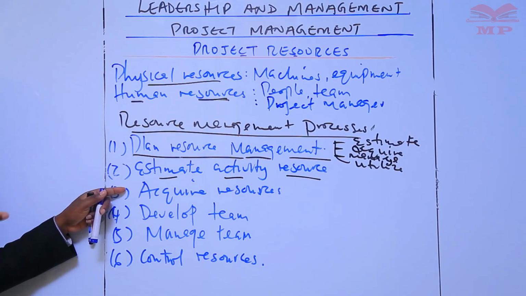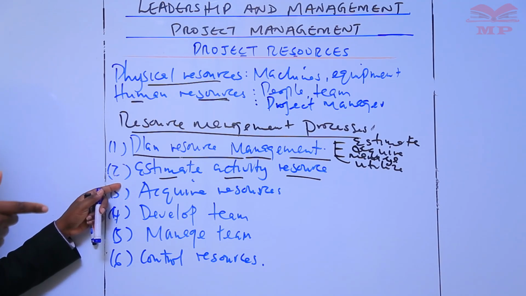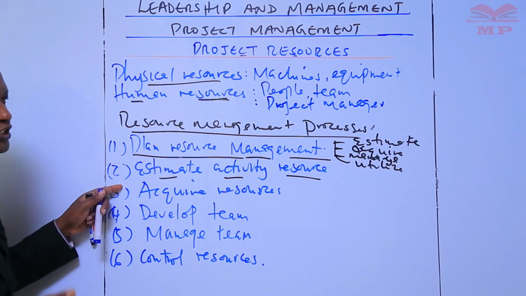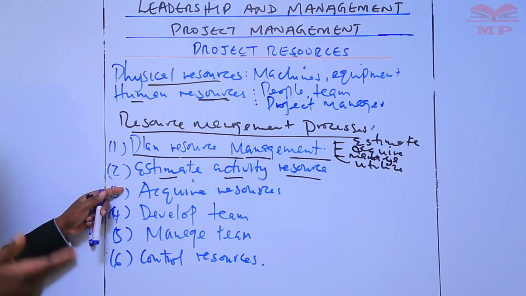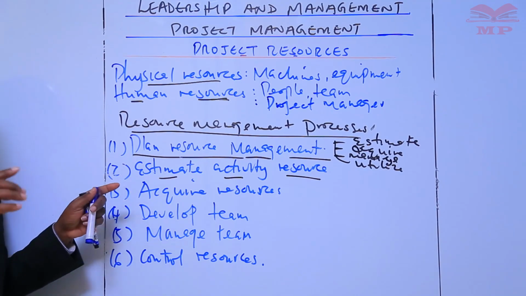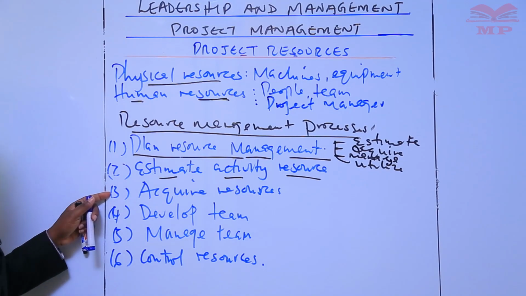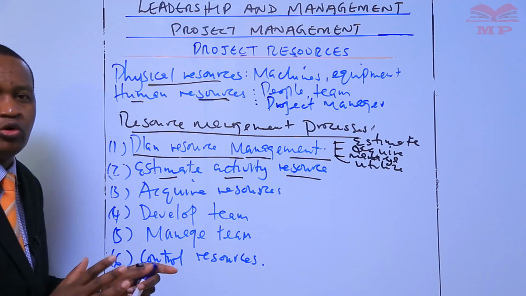So resource requisitions identify the type and the quantities of resources that are required for each work package or activity in a work package, and can be aggregated to determine the estimated resources for each work package and the project as a whole.